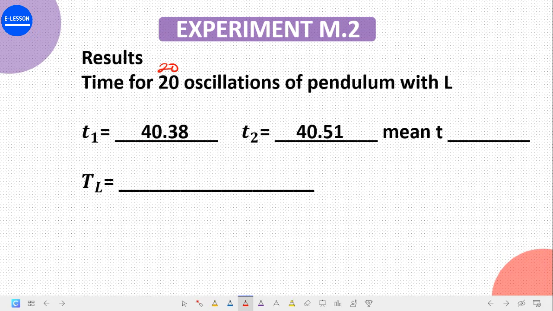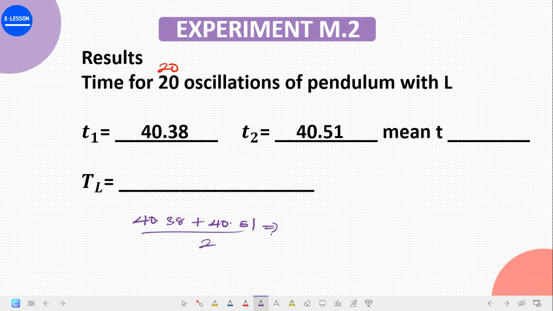Now we have T1, T2, then the mean of T, which is the mean time. These are all replicate measurements. T1 is equal to 40.38, and T2 is equal to 40.51. To get the mean, you add these two together and divide by 2. So 40.38 plus 40.51 divided by 2.